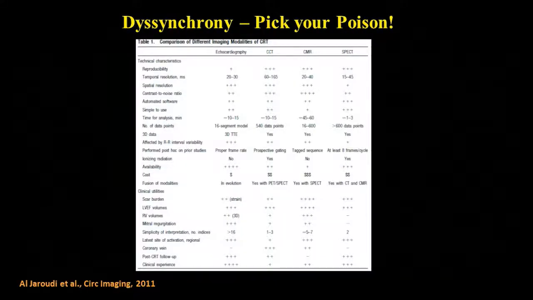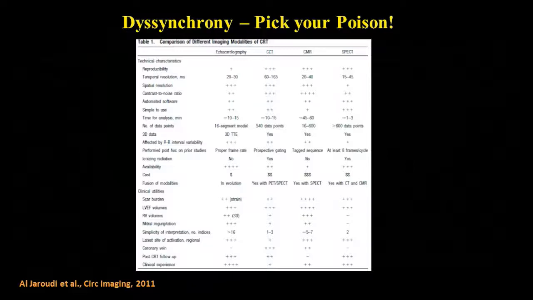So this table essentially shows you the comparison between different modalities for assessing dyssynchrony. It goes from reproducibility to temporal and spatial resolution. Reproducibility is excellent for SPECT. For echocardiography, it's not that good. Temporal resolution and spatial resolution are much poorer for SPECT as compared to other modalities.